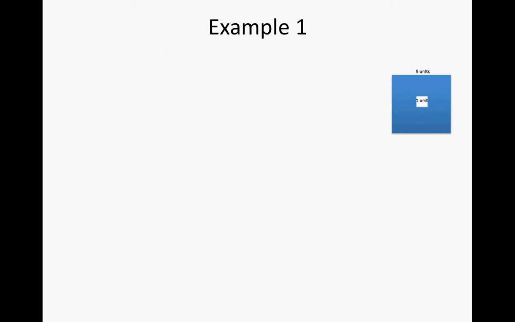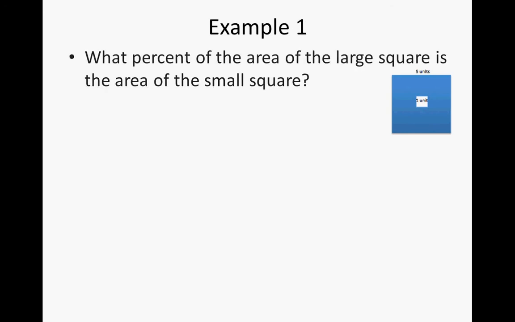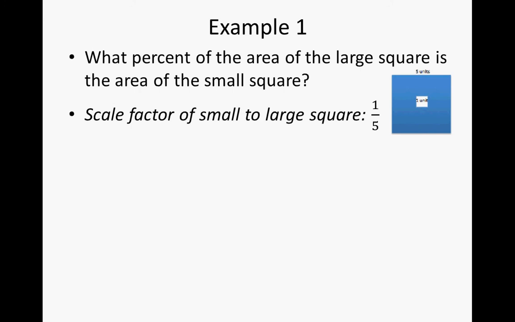So let's take a look at example 1. We have a big square, 5 units, and then a little square, which is 1 unit. So what percent of the area of the large square is the area of the small square? Well, again, the scale factor of the small to the large square is 1/5.